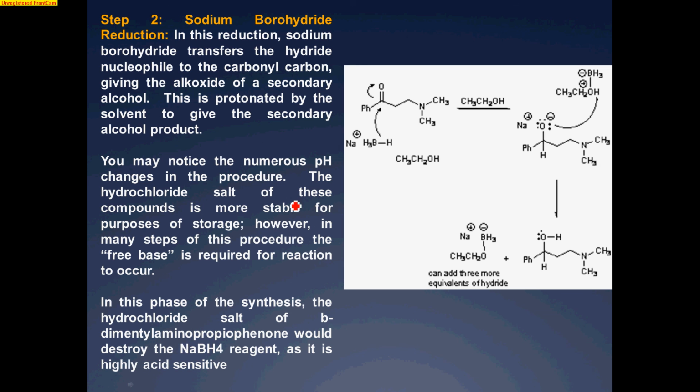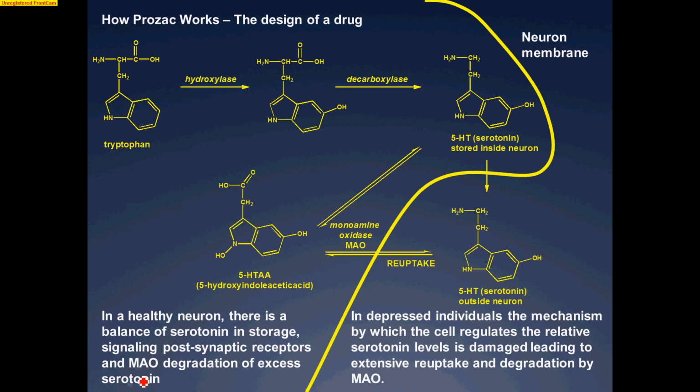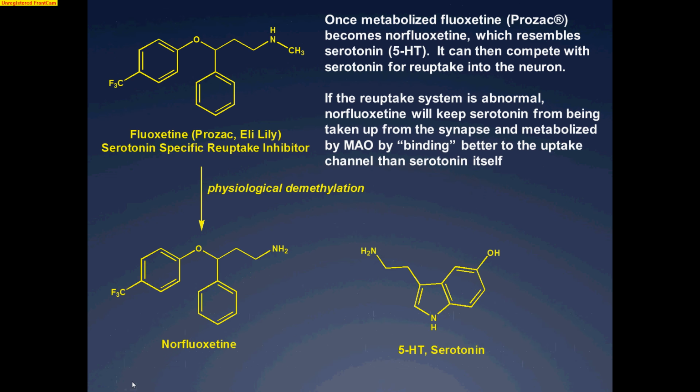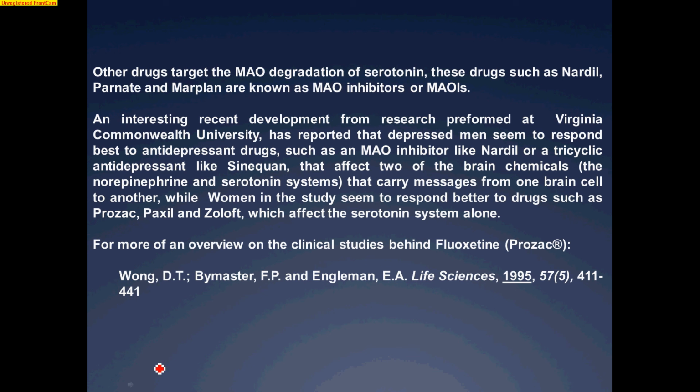This then goes through mechanistically how the borohydride reduction goes, and we are not going to do it, but this, in a very chemically incorrect way, goes through how the aromatic substitution reaction happens. There's a little bit of information here on mechanistically how Prozac works, but I'm not going to really go through that. And that pretty much takes us to the end of this lecture.